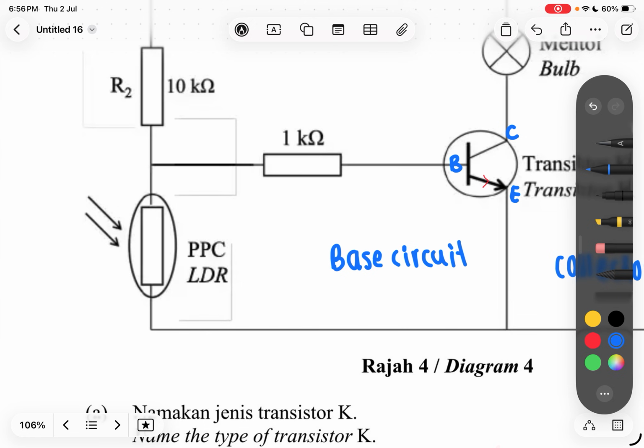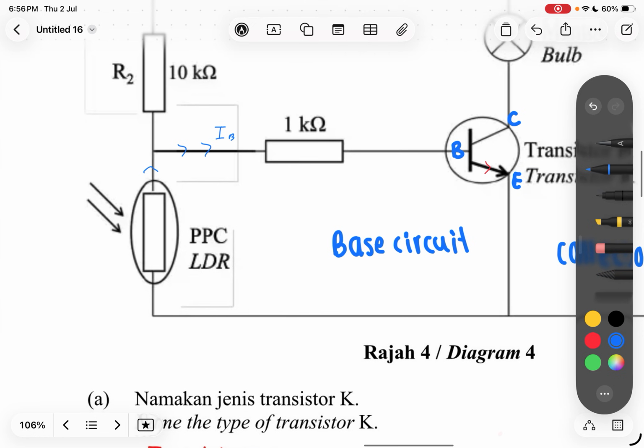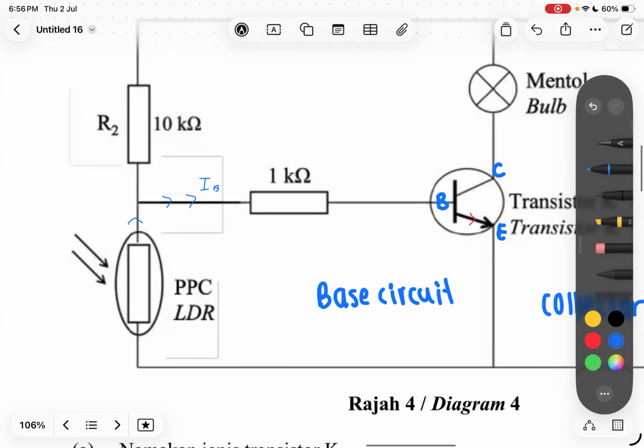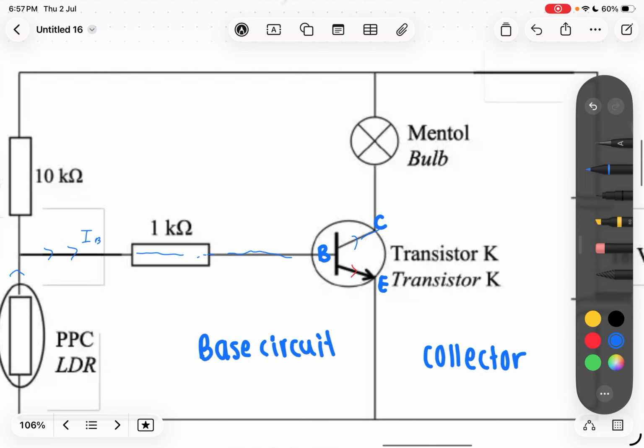So when there's low resistance, since this is called the base circuit, the base current IB would be so low, and there's even a resistance here, so when it passes through here, it's even lower, and therefore there's not going to be any current IB that passes through the transistor.